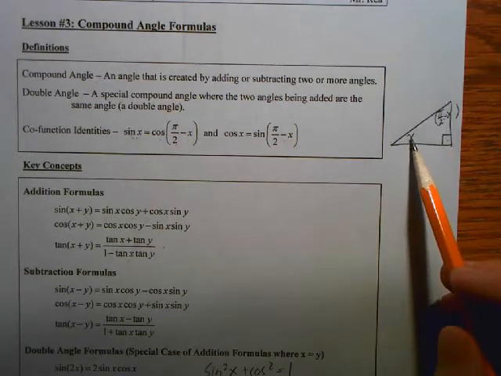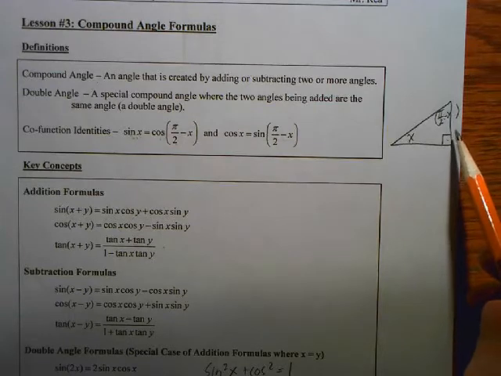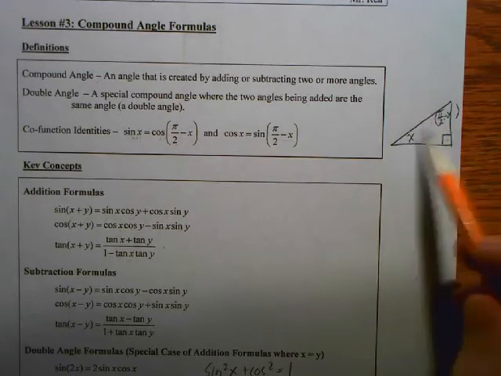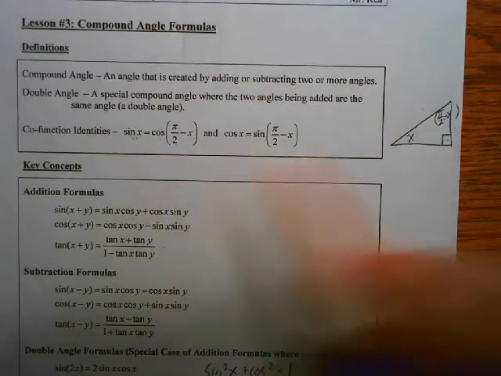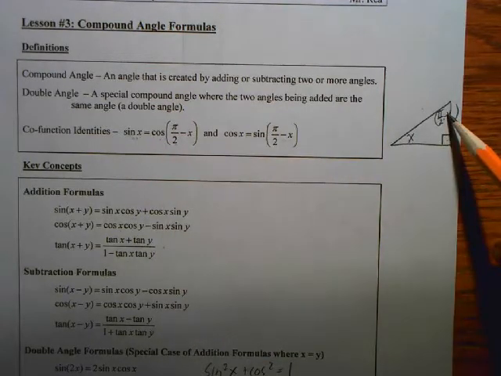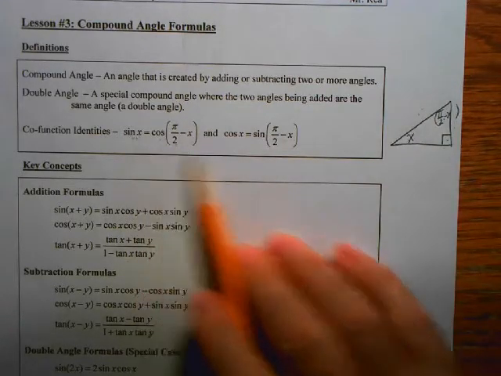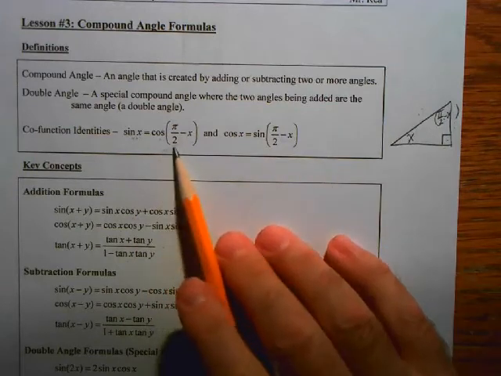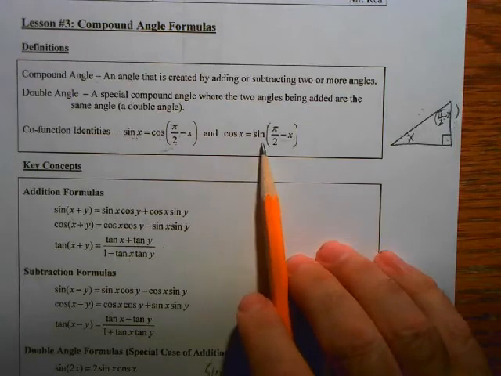Sine is opposite over hypotenuse, so it's basically this side over this side. And if I did cosine of this angle, pi by 2 minus x, cosine is adjacent over hypotenuse, so it's the same side over the hypotenuse. You can see that both of these ratios are using the same ratio of sides, and the opposite as well in the other direction.